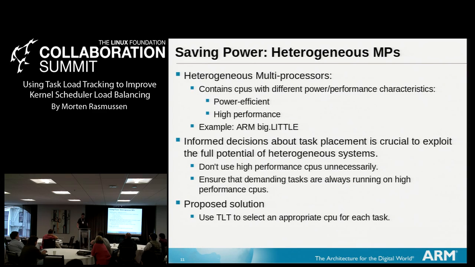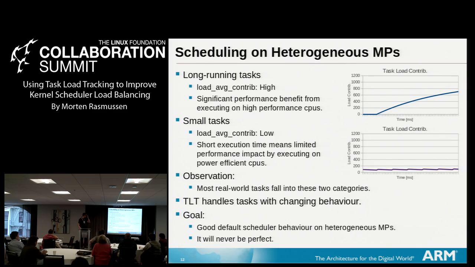I don't have much time left, so I just want to show you the patches where we're trying to do something clever when we have big and little tasks on a big.LITTLE system. They basically look at the tracked load and see, okay, this task has been using a lot of CPU time in the past, so let's put it on a big core.